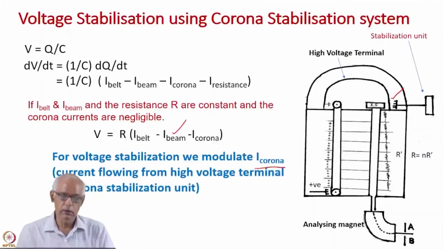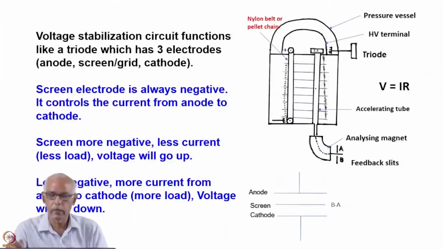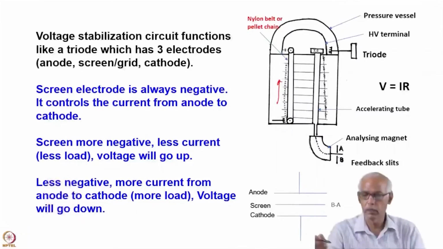Voltage is stabilized because you can see here, suppose you take this Venn diagram, and in this Venn diagram this is the charging system here, where I belt is used for charging the high voltage terminal, and this is the accelerating tube.